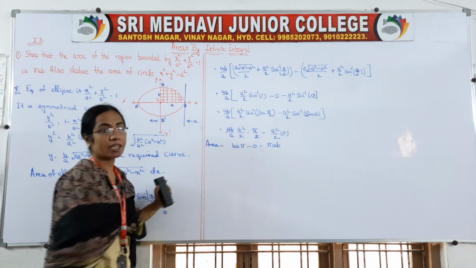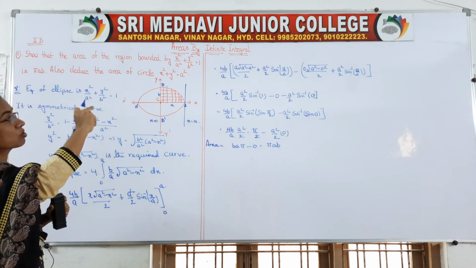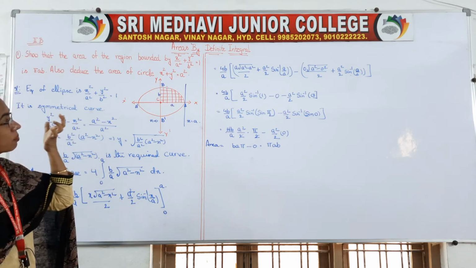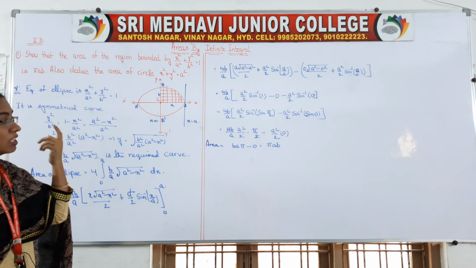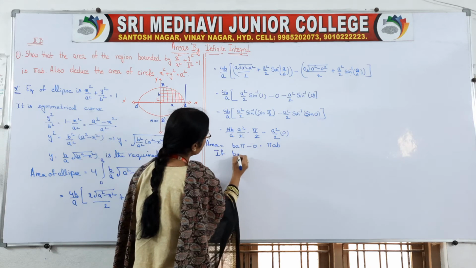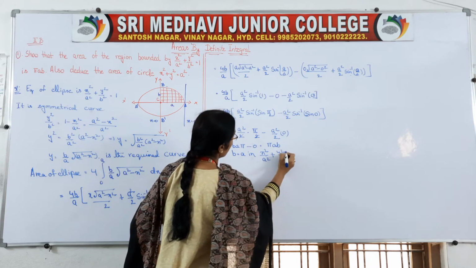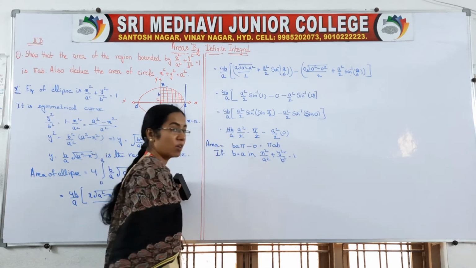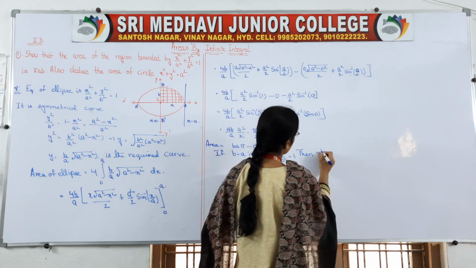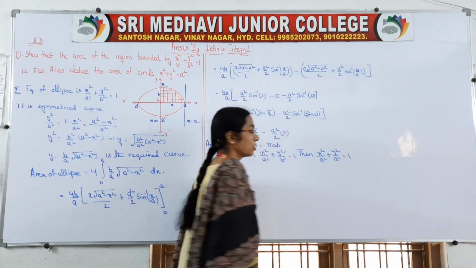It is pi AB. After that, also deduce that the area of the circle x square plus y square is equal to a square. That means we have to get the circle equation x square plus y square is equal to a square from the ellipse equation. How? If b is equal to a in x square by a square plus y square by b square is equal to 1, then the ellipse equation is x square by a square plus y square by a square is equal to 1.